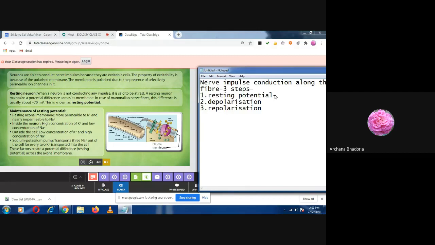What is more inside? Potassium more. And outside, what is more? Sodium.